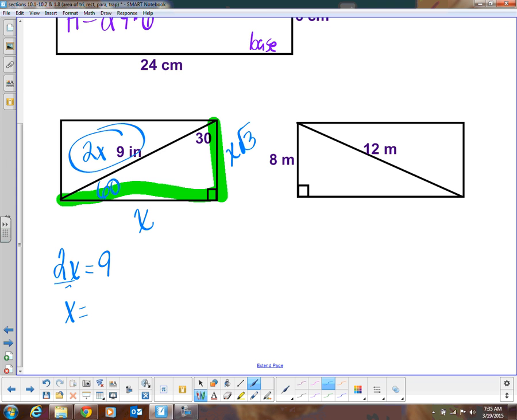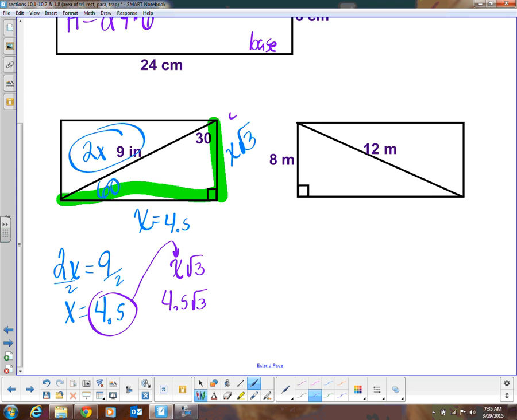What do we have to do? Right, which is 4.5. So that means this side is 4.5, and what is this side? How do we do x square root of 3 if x is 4.5? What are we going to have? 4.5 square root of 3.